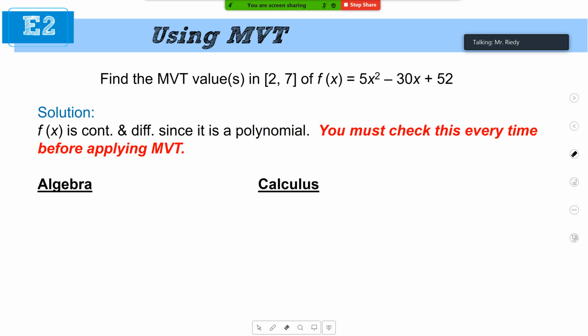So, 2 columns. Let's do algebra first. We have an interval from 2 to 7. Those represent my 2 x values. I need to find the y values. How do I find the y values? Well, remember, x comma f of x. So plug 2 in, plug 7 in. That's over here. You'll have to trust my math, or if you'd like to get out your calculators, you can plug and chug. Then under the calculus column, I took the derivative, because that's not rocket science.